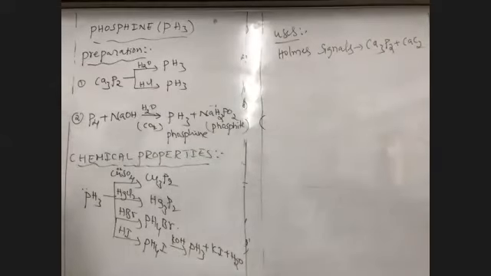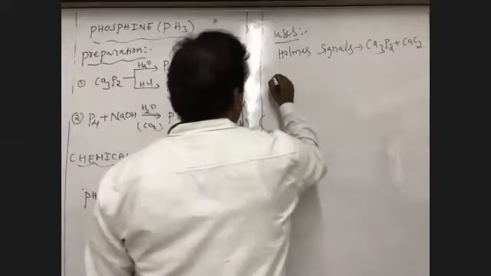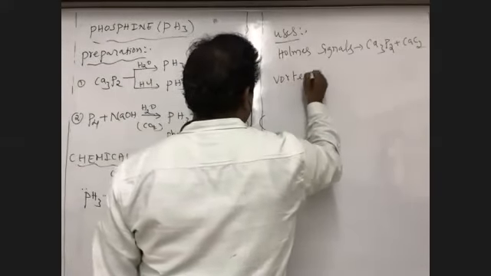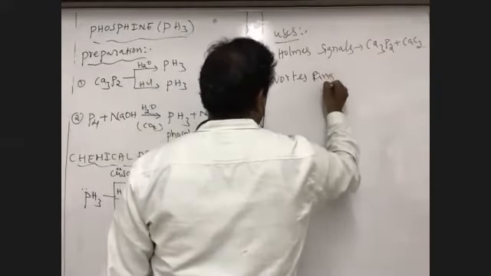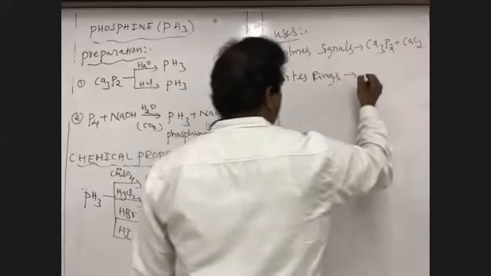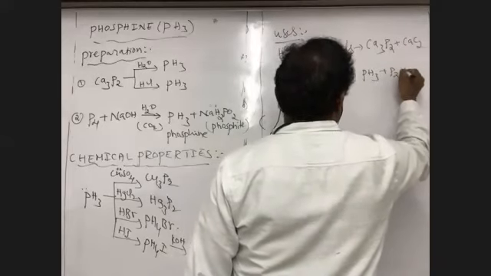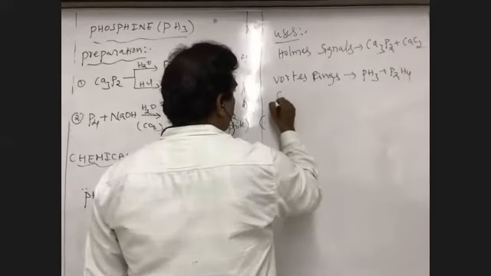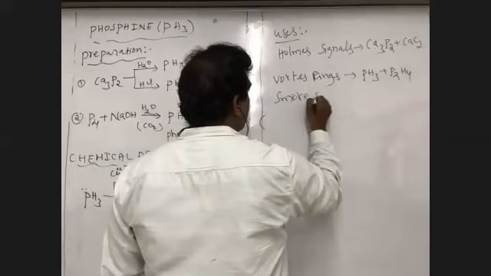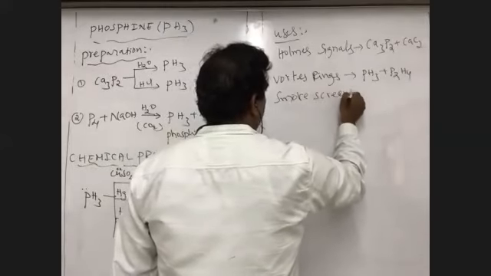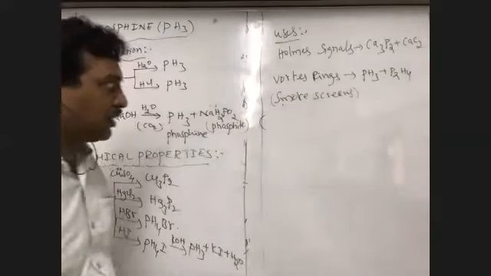It is also used for producing vortex rings. The vortex rings are due to the presence of the impurity P2H4 in PH3. It is also used for producing smoke screens.